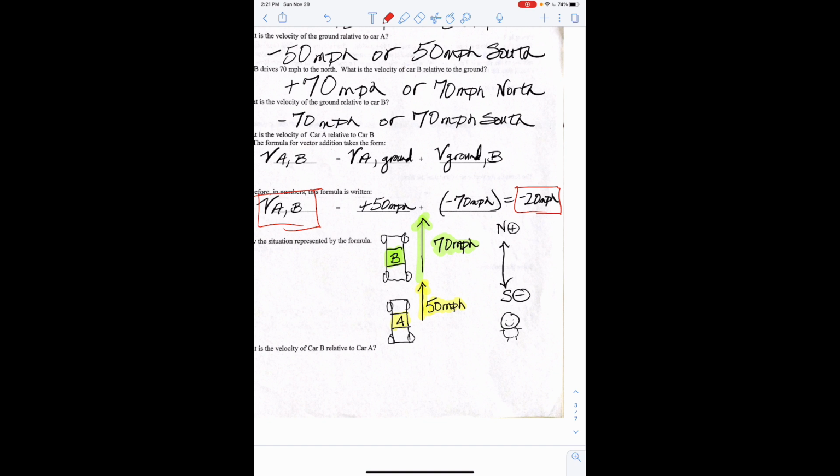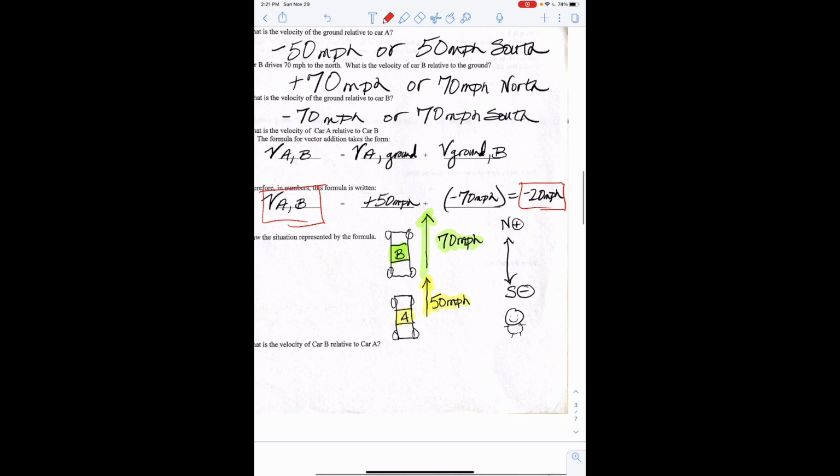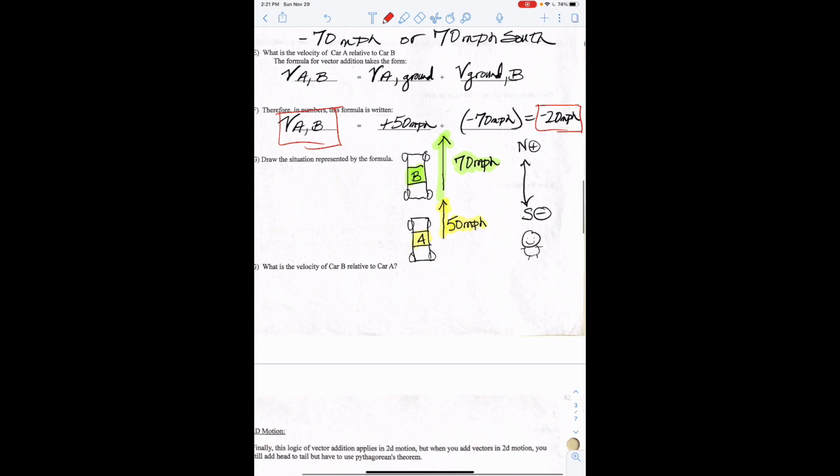Just drifting off behind you further and further away. So it would appear that they are moving backwards, not at 50 miles per hour, but at a slower speed, maybe 20 miles per hour, drifting backwards, right? Backwards at 20 miles per hour, moving south at 20 miles per hour, negative 20 miles per hour backwards. And so that's what we see. All right. The opposite happens in the next part where it says, what is the velocity of car B relative to A? And this is the scenario I started to explain.